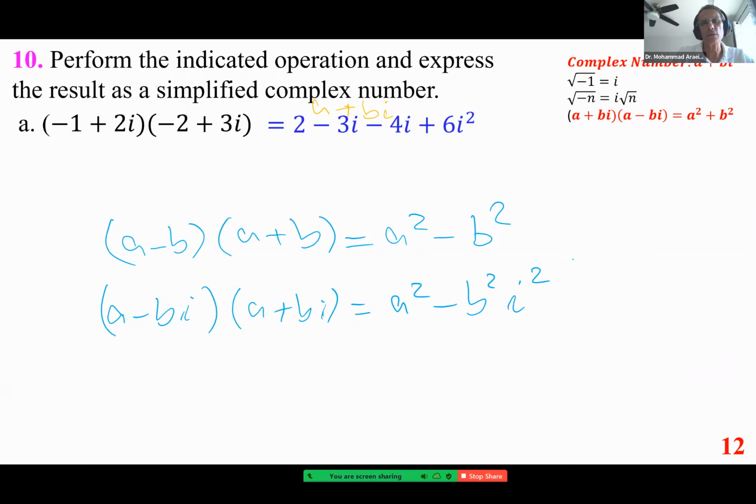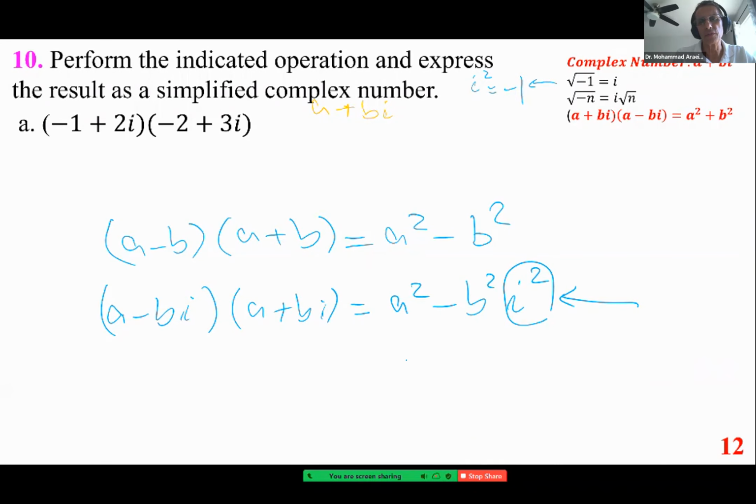So we need to know that i squared is -1. Therefore, it becomes a squared plus b squared. So just wanted to remind you of that.